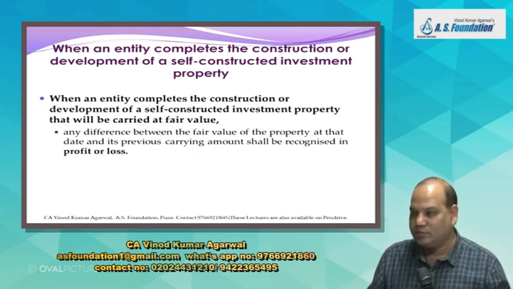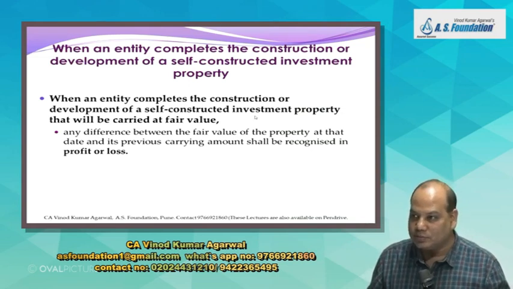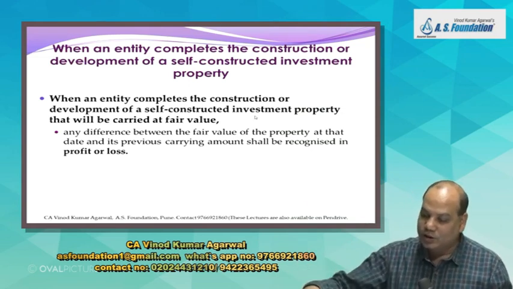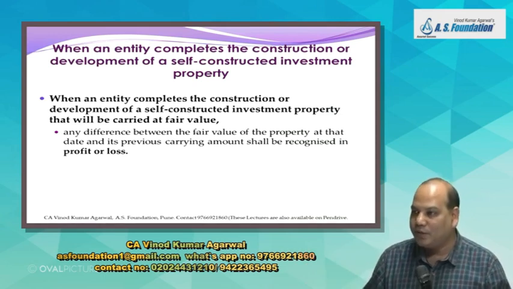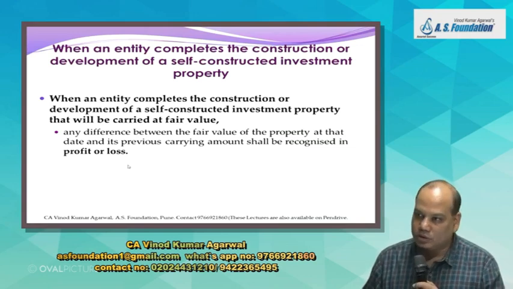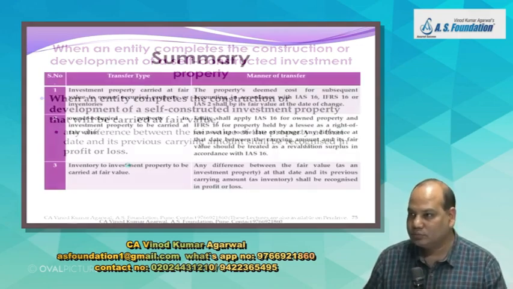Now it is ready. And once it is ready, you want to treat it as investment property, and you want to treat the investment property at fair value. What about the difference between the book value and the fair value? The difference will be recognized in profit and loss. Okay? Yes or no?